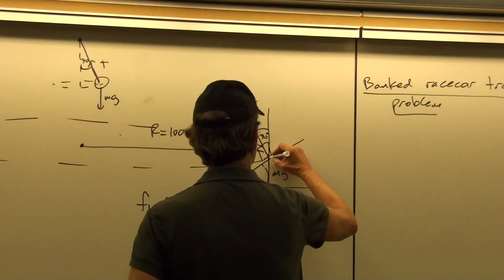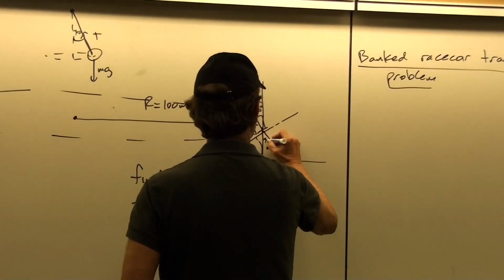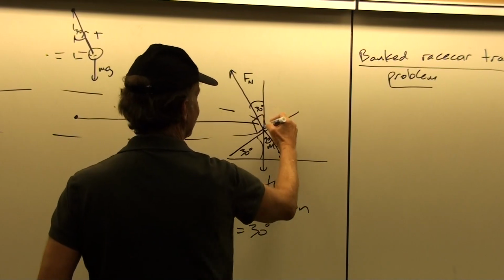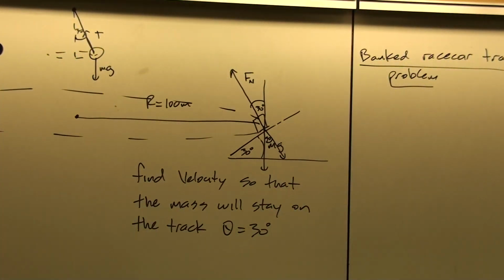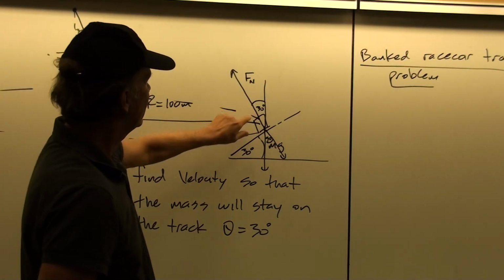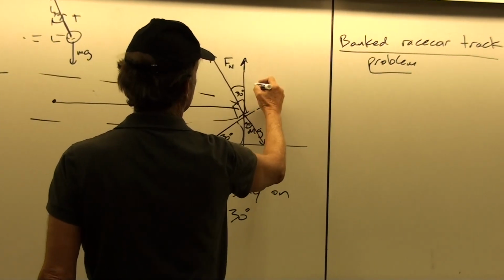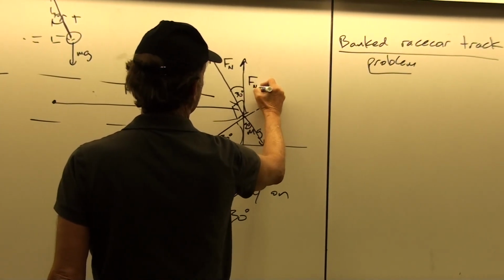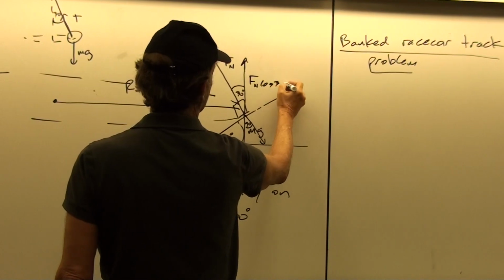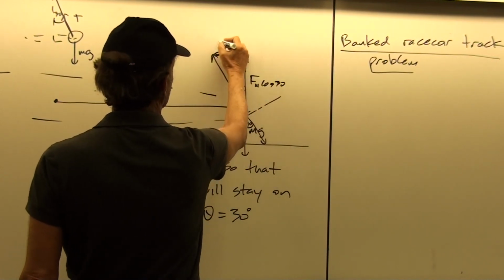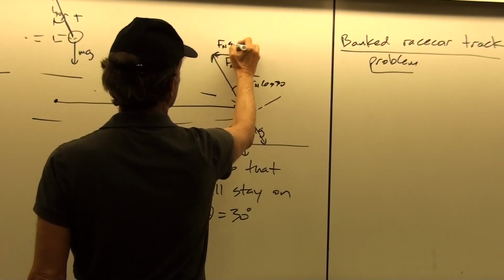And that's also the same as this angle, which we already knew was 30 degrees because vertical angles are equal. And so either way that you want to look at it, that angle here is 30. And so now we can find the components of the normal force. This is going to be F normal cosine 30. This is going to be F normal sine 30.